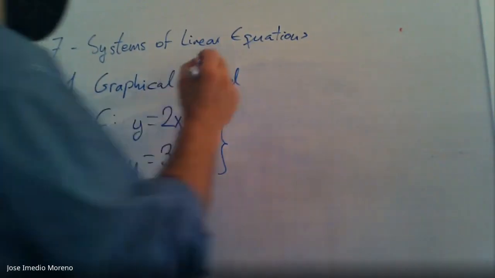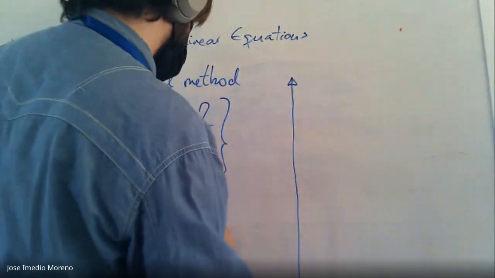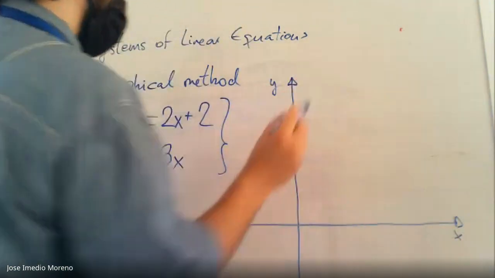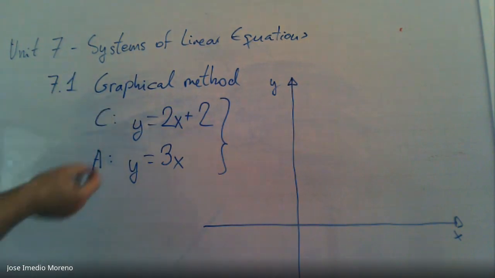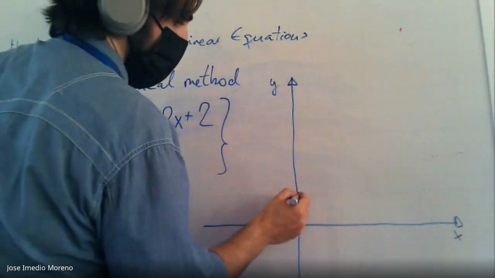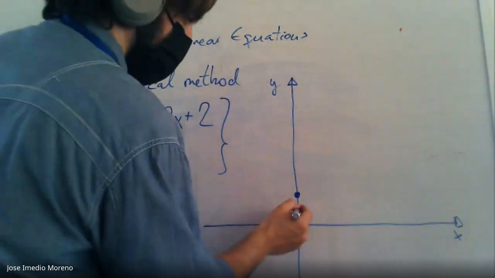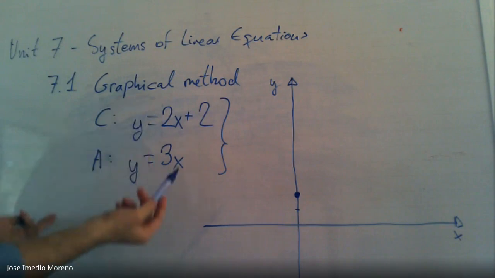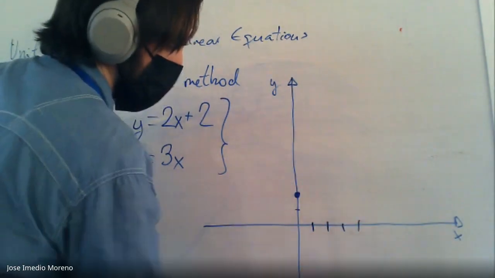I'm going to make my coordinate plane with X and Y here. Carlos has read 2 books so far, and he's going to be reading 2 books per month. This is month 1, month 2, 3, and so on.